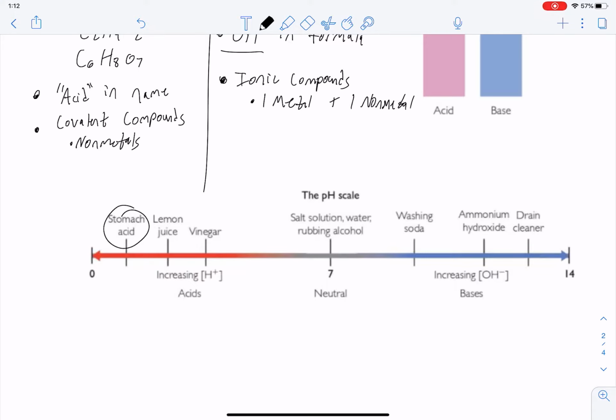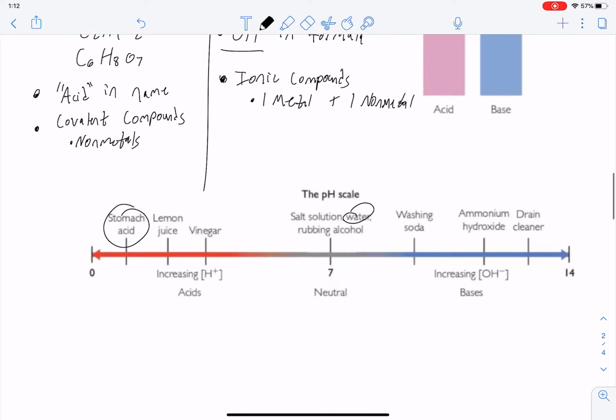And then stuff like water, rubbing alcohol, and salt solution is for the most part neutral. And as we get closer to stomach acid, we are increasing this H+. Those are hydrogen ions, and we're basically increasing the ability of molecules to donate or get rid of their hydrogen ions.